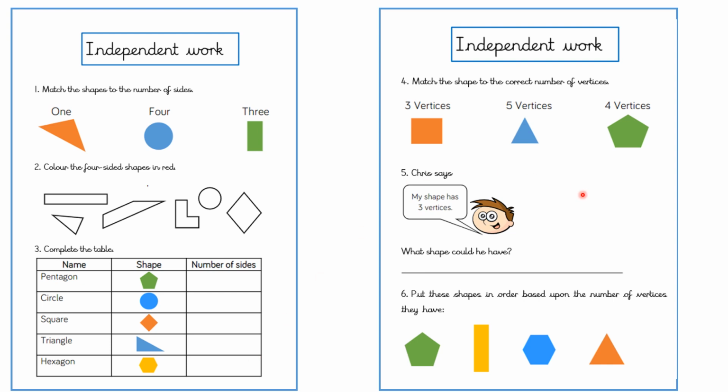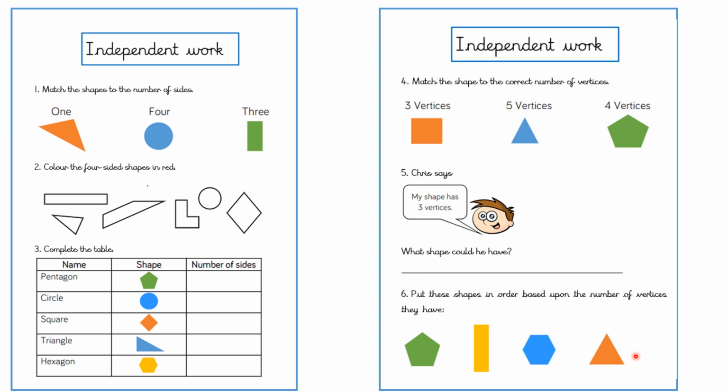Your second page, number 4, you need to match the shape to the correct number of vertices. Number 5, Chris says, my shape has 3 vertices, and you need to decide what shape he could have and write the name of the shape you think it is just there. And then the last question, number 6, asks you to put these shapes in order based upon the number of vertices they have.